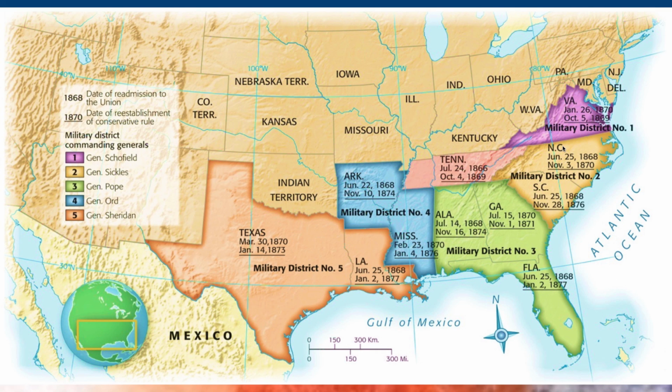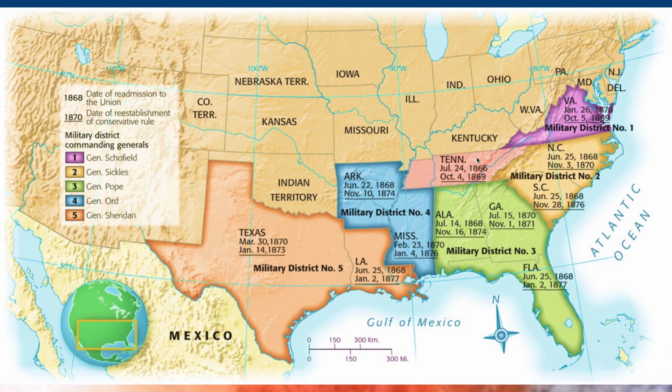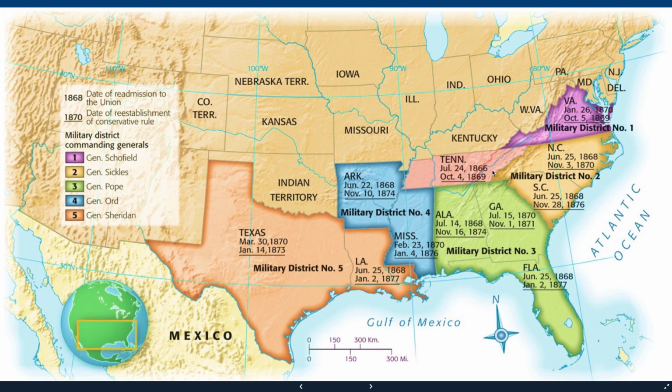One of the interesting bits about this is if you look at Tennessee, right? Tennessee had seceded, right? But why isn't it in a military district? Well, the answer to that riddle is because Tennessee did what they were told to do, right? They passed the 14th Amendment and were restored in 1866. But if you look at Virginia, they don't do that until 1870.